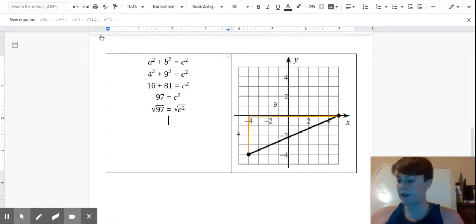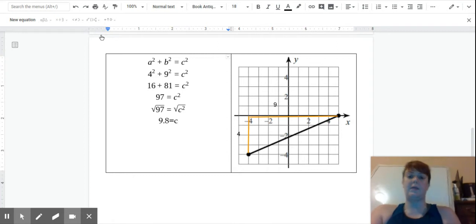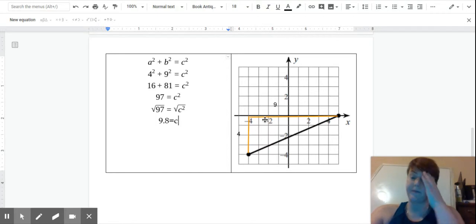The square root of 97 is about 9.8, and we're just going to round that to 1 decimal place. So this length right here is going to be 9.8 units. So just a little bit more than the straight 9.